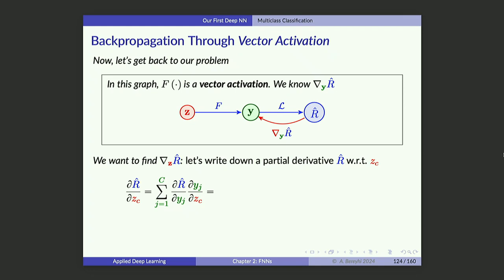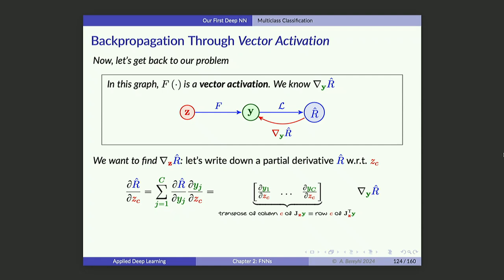It's going to be the partial derivative of r hat with respect to every single y that you have, r hat with respect to y1, r hat with respect to y2, and so on till the last one. And every single one of them is multiplied with the partial derivative of the corresponding y with respect to your target zc. Clear? And if you write it down in this form, then you can modify it and write it in the vectorized form. Clear?